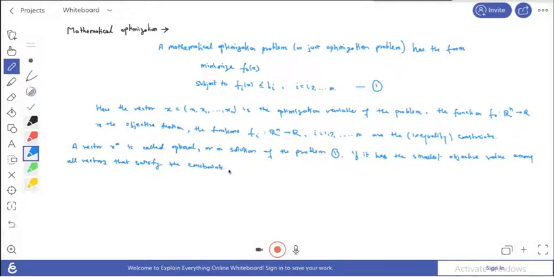Okay, so this means for any z, with the objective value f naught, f1 z is less than or equal to, suppose, b1, f2 z is less than or equal to b2, and suppose the last inequality constraint fm z is less than or equal to bm.